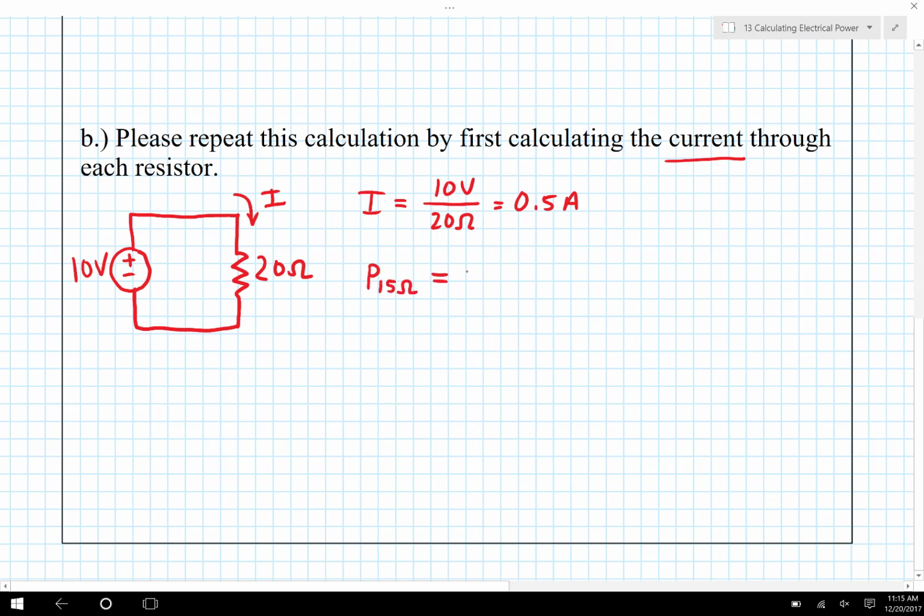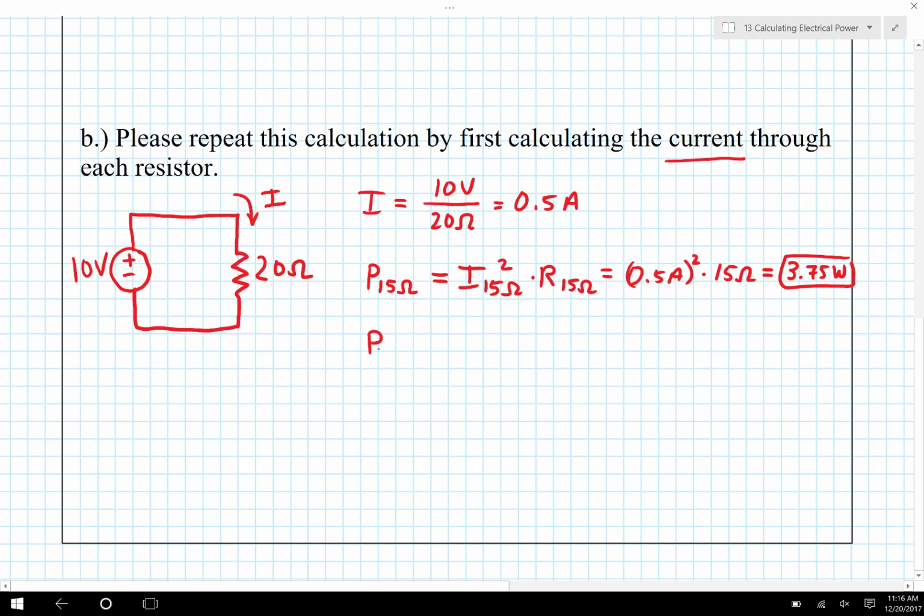The power being consumed by the 15 ohm resistor is I of the 15 ohm resistor squared multiplied by the resistance of the 15 ohm resistor, which is 0.5 amps squared times 15 ohms, which is 3.75 watts.